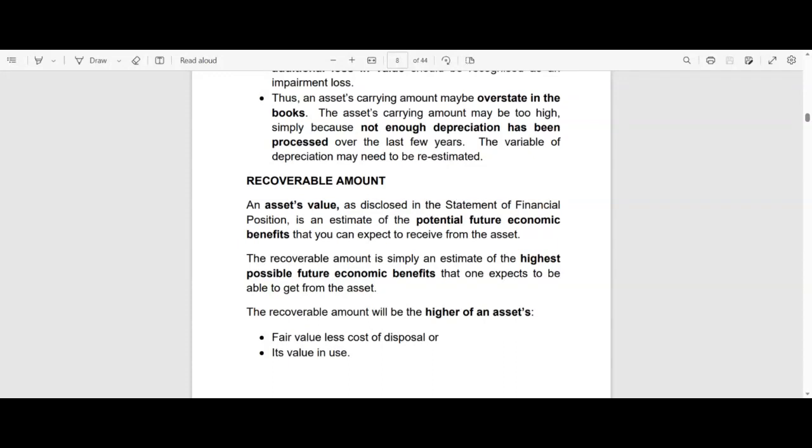So in those particular circumstances, should we account for an impairment loss? Yes or no? No, thank you, Mr. Mbazini. Quite correct. The answer there is no. You are not carrying an inflated value, so you simply leave your carrying amount as it is.